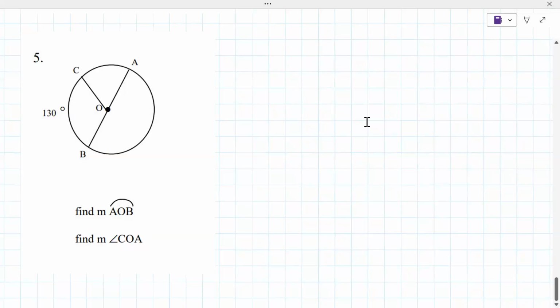All right, here we go. Go ahead and find the arcs, and you can find them in either order. Doesn't matter to me. Would it be 180 and 230?